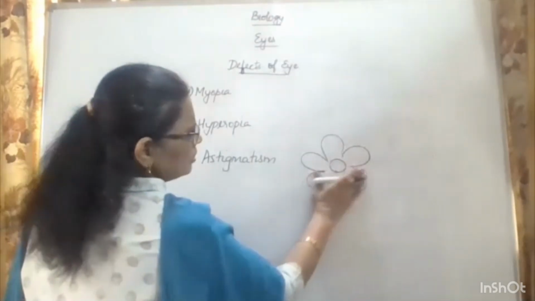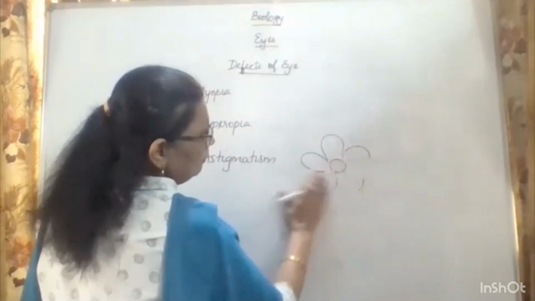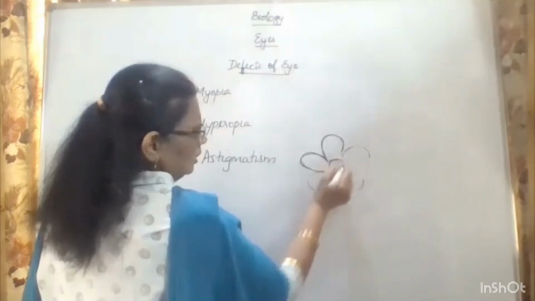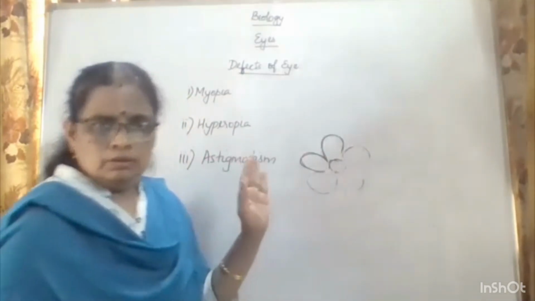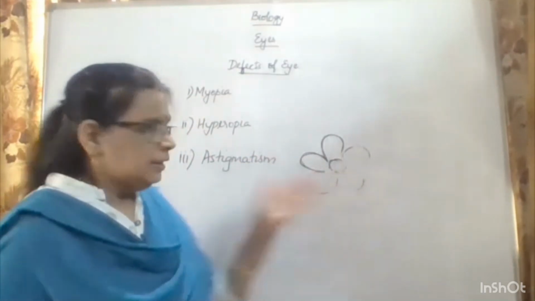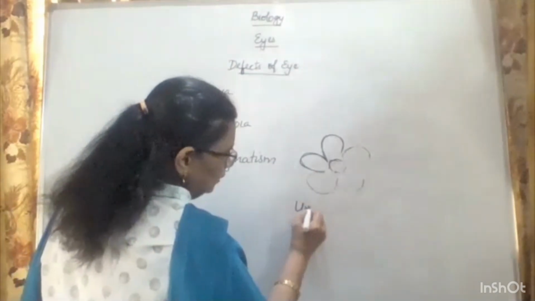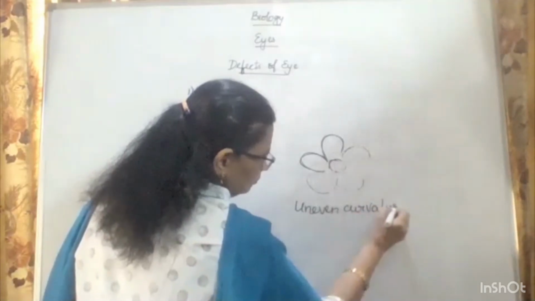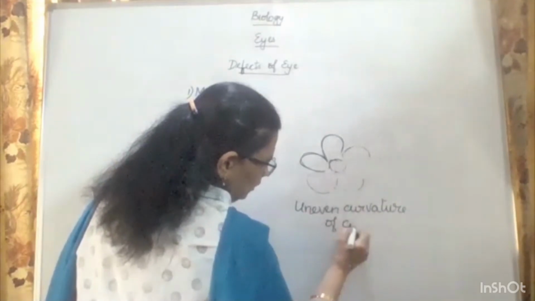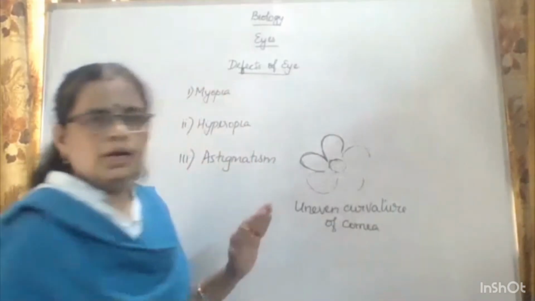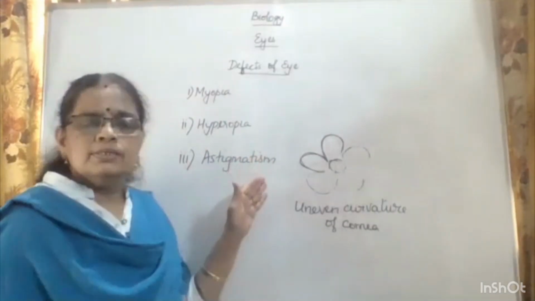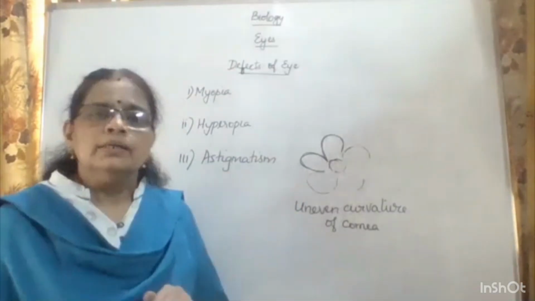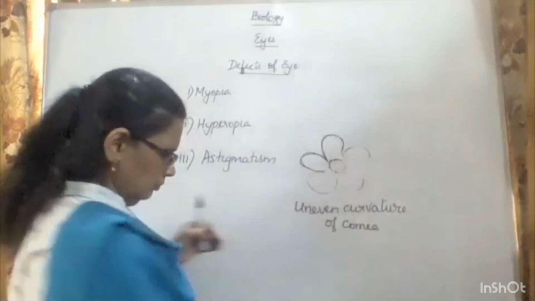He is able to see this part only, and is not able to see the rest of the object properly. Why is it happening? It is happening due to uneven curvature of the cornea. How to correct it? This can be corrected by using a cylindrical lens. Right, children?